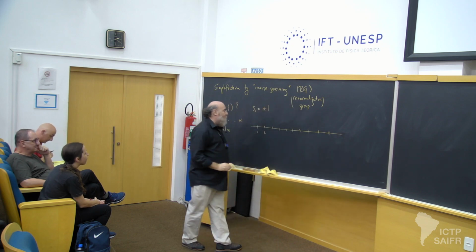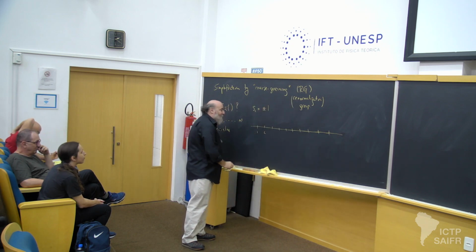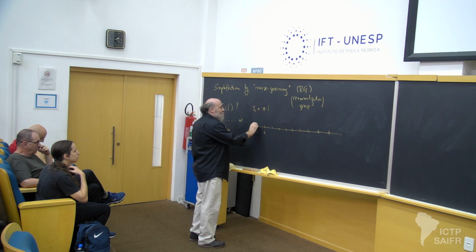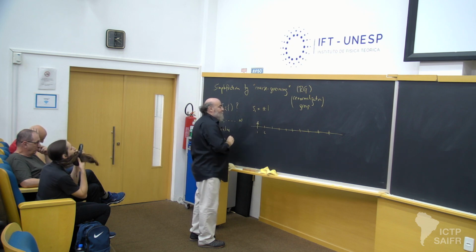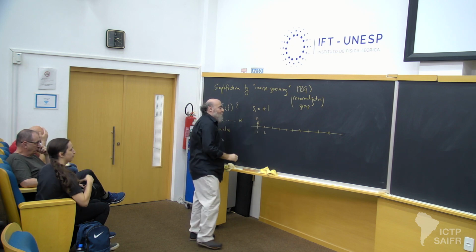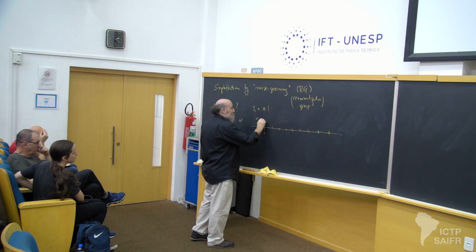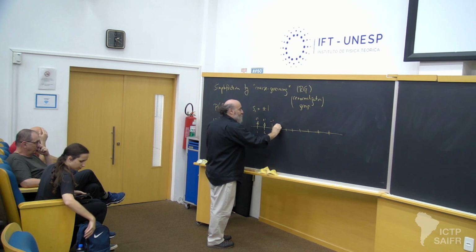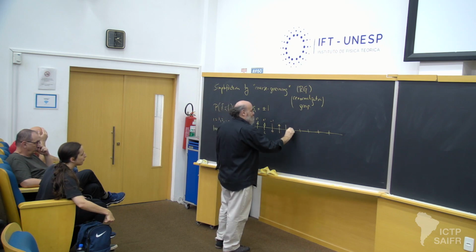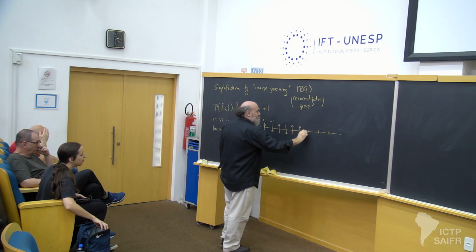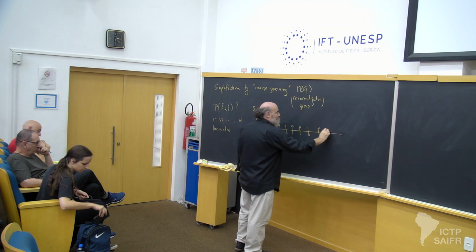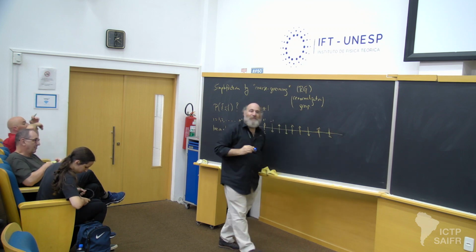And so at position 1, I might have a plus 1. At position 2, I might also have a plus 1. At position 3, I might have a minus 1, plus 1, minus 1, plus 1, plus 1, minus 1, plus 1, minus 1. I don't know, it keeps going, right?